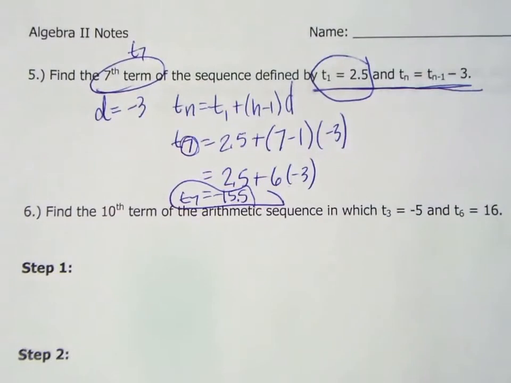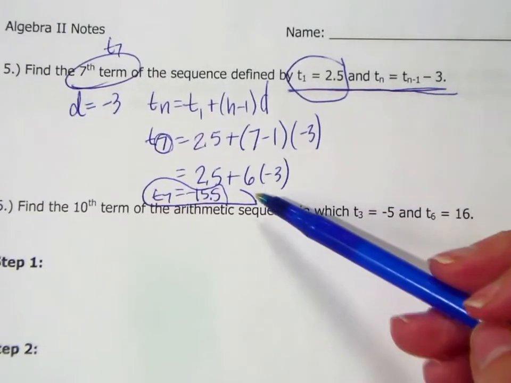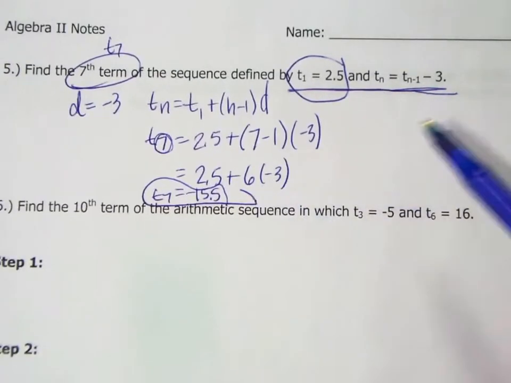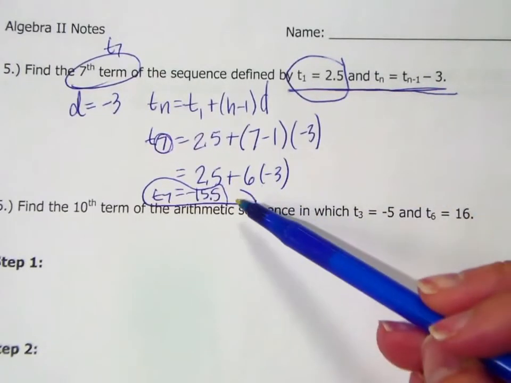Okay. What questions do you have? Are we all right? What did we do with the T sub n equals T sub n minus 1 minus 3? Like at the end of that problem, did we do anything with that? That just tells you d.